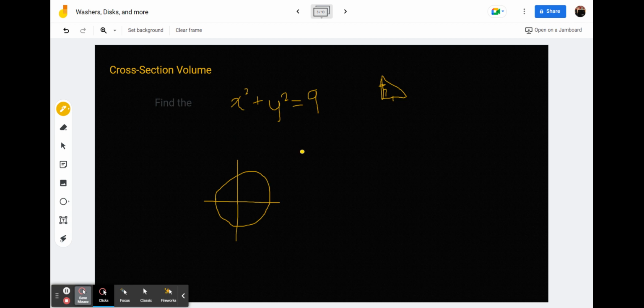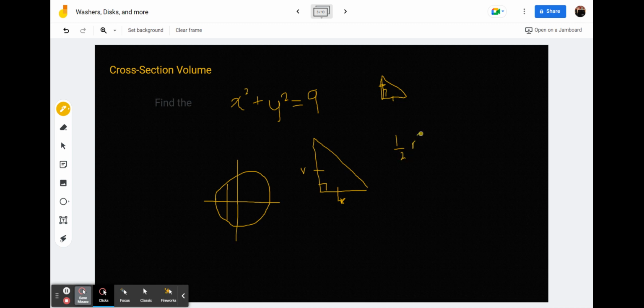So think about it like this. Once we identify this cross-section, an isosceles right triangle, and let's say this has a length of r, the height is going to be the exact same. And if the height is the same, that means that the area of this triangle is going to be half r squared.